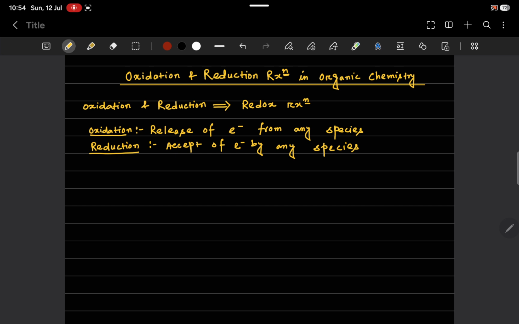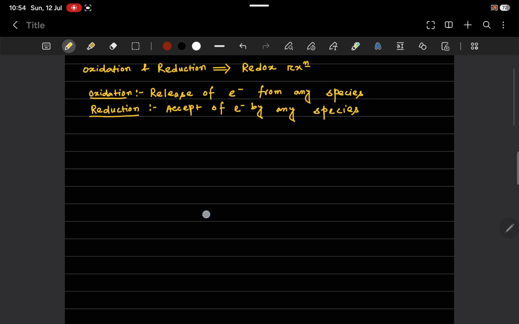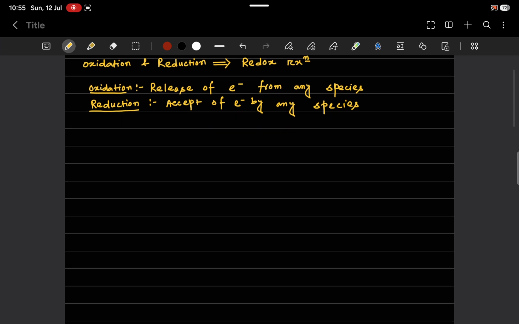But in organic chemistry, and also in inorganic chemistry, I think you have encountered several reactions where you must encounter the dehydrogenation process. Am I correct or not? I think I am correct.